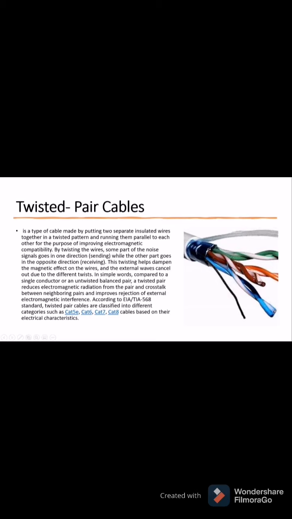Twisted pair cable is a type of cable made by putting two separate insulated wires together in a twist pattern and running them parallel to each other for the purpose of improving electromagnetic compatibility. By twisting the wires, some part of the noise signals goes in one direction for sending, while the other part goes in the opposite direction for receiving.